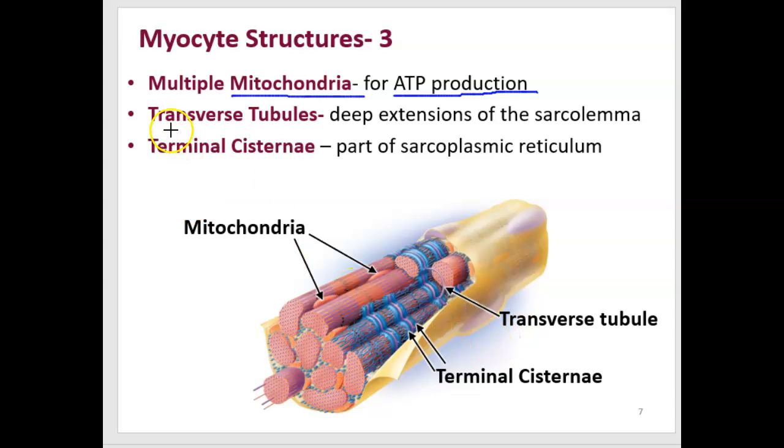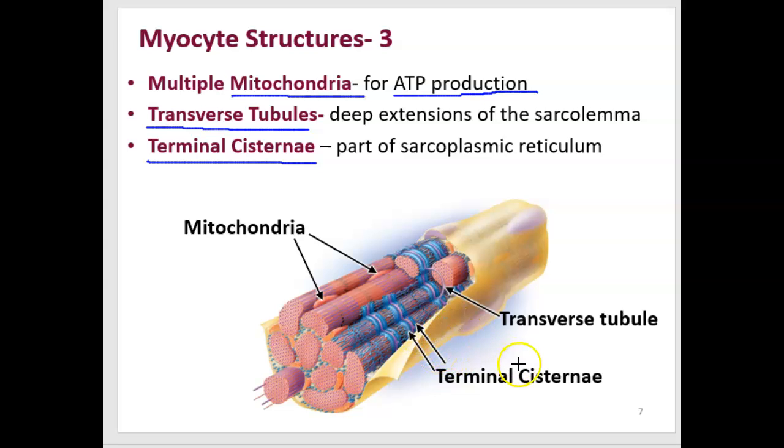And then the last couple of structures form what I call a triad, and your book calls it a triad as well. The transverse tubules are deep extensions of the cell membrane. So although the cell membrane in this picture is shown as yellow, they've made the transverse tubules purple for some reason.